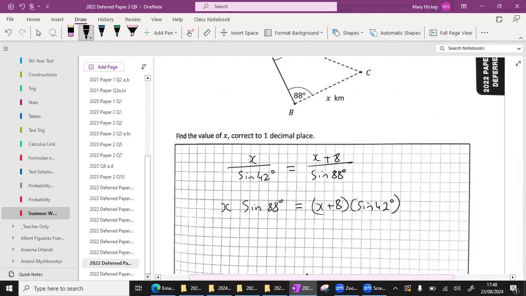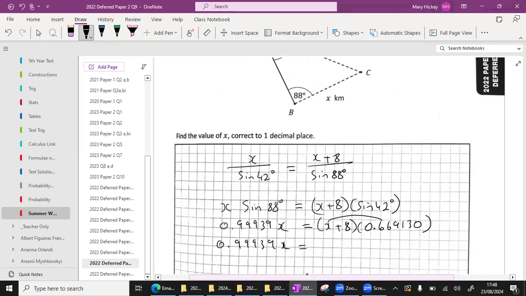So maybe I'll get the sine of 88 first and see what that is. So that is 0.99939. I'm just leaving in a lot of decimal places here because I don't want to round too soon. Okay, I'm going to do the sine of 42 next. Now, that is 0.669130, etc. Now, just be careful here, because this is in a bracket, it's really important that everything gets multiplied.